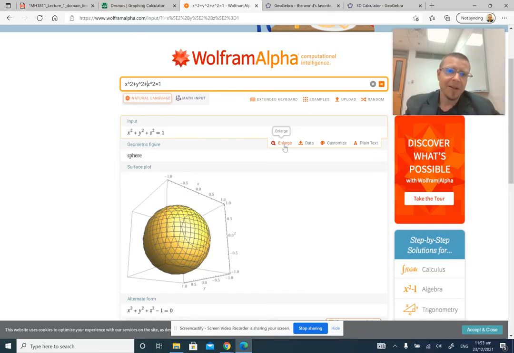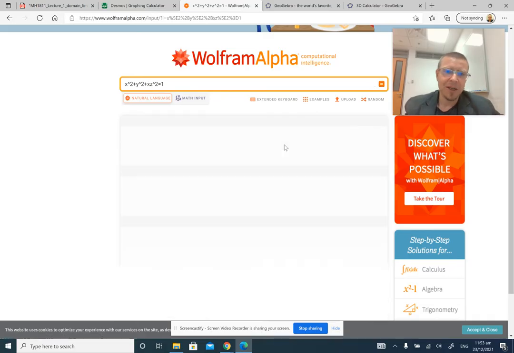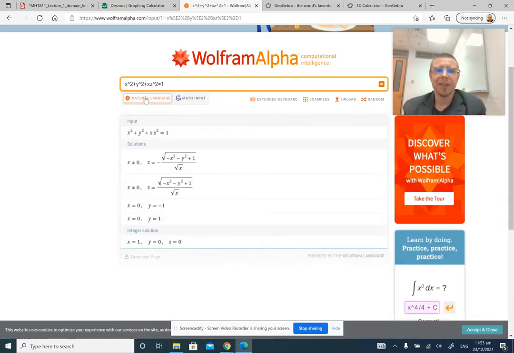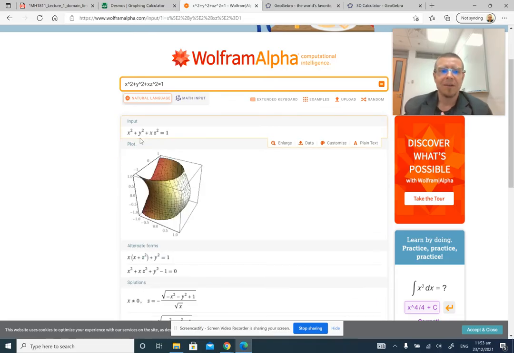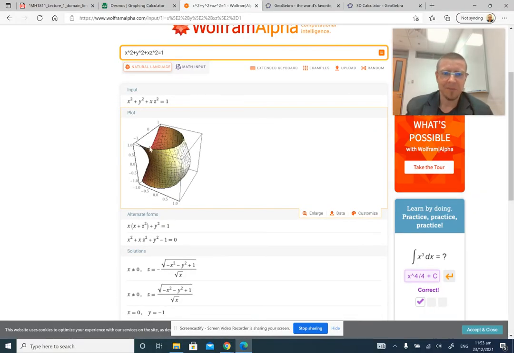For example, I'm going to try x squared plus y squared plus x times z squared is 1, right? So this is a level surface of the function x squared plus y squared plus xz squared. And you can see that Wolfram Alpha somewhat plots it, and it looks like, I guess, a knee or something like that.